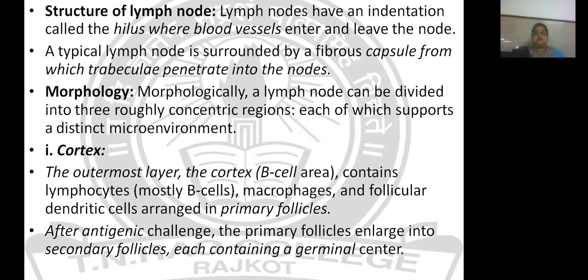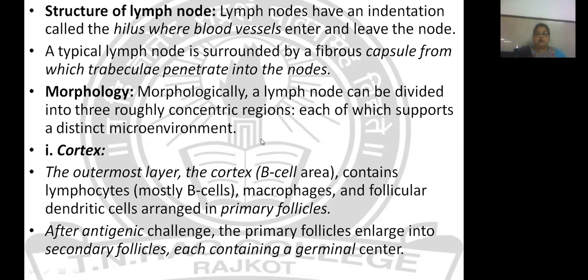The lymph node has a specialized structure from where the blood vessel and lymphatic vessel enter and leave the lymph node. This area is called the hilus. A typical lymph node is surrounded by a fibrous capsule which is separated by trabeculae into nodes.